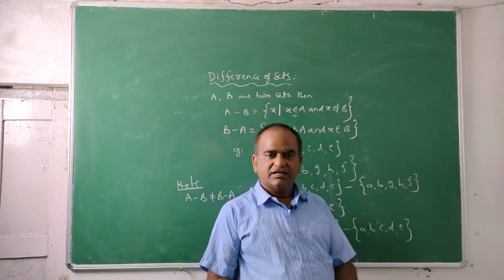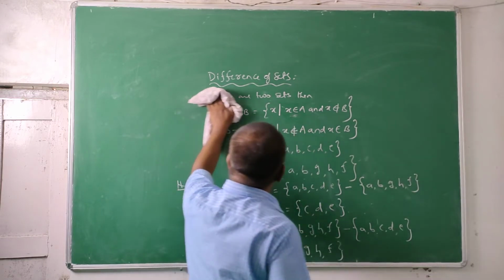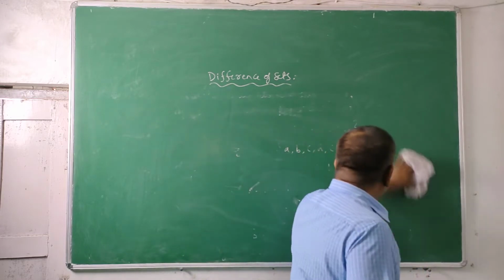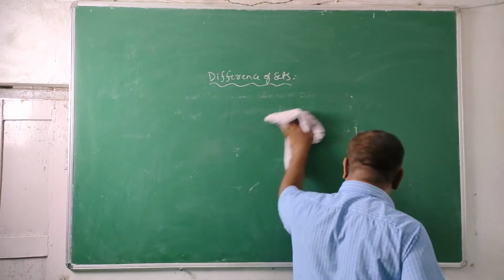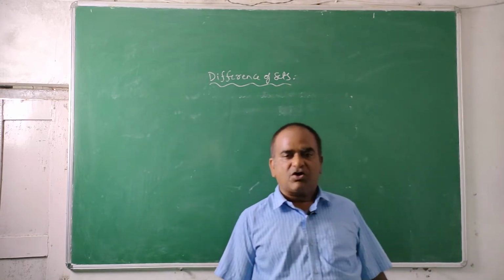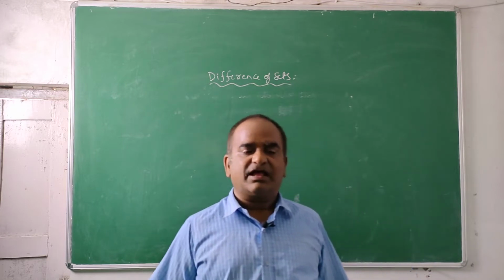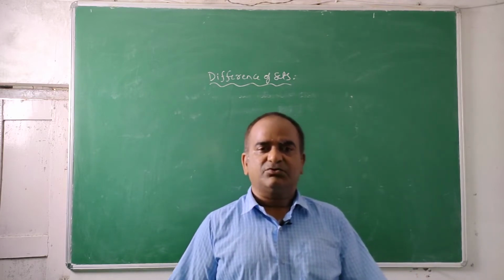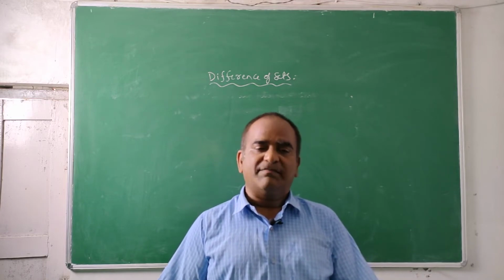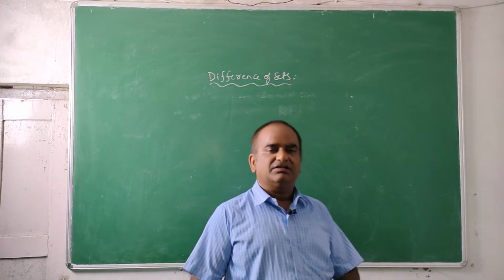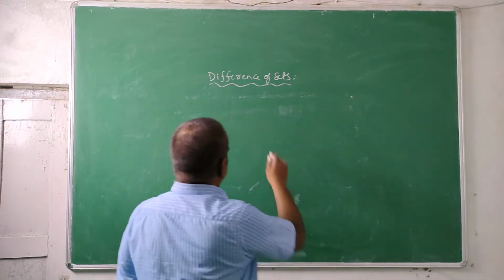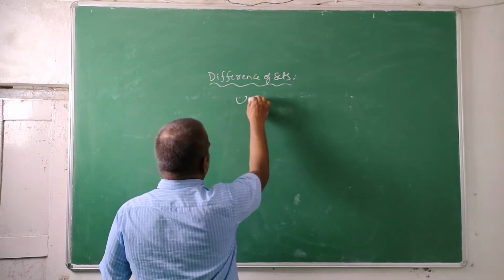Did you understand? So now coming to complement of a set. Before going to complement of a set, I have to give a small definition, which is universal set, which plays a major role in mathematics, especially in sets.